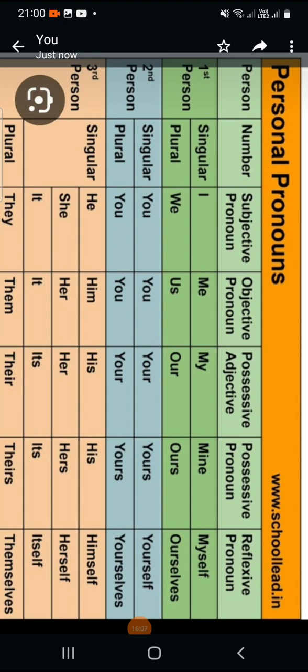Means if you are using myself, then before myself you have to use I. How? I'm going to speak in the next lecture. Like we ourselves, you yourself, he himself, means without I myself cannot be used, without we ourselves cannot be used, similarly, right?